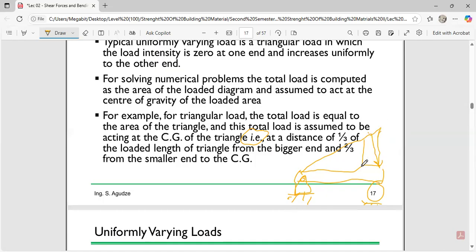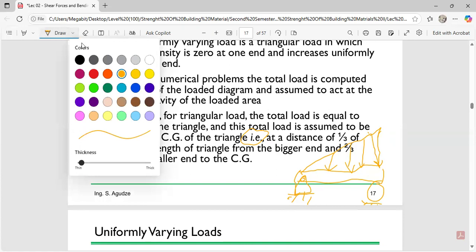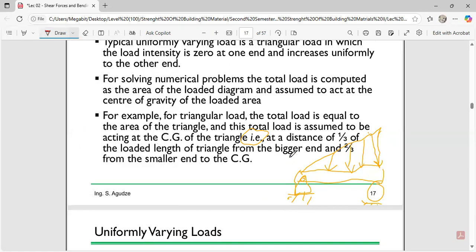At the end of the day, you're going to realize that for this part of it, the smaller end, when you are doing the calculation, you are going to use 1/3 to calculate for the position.